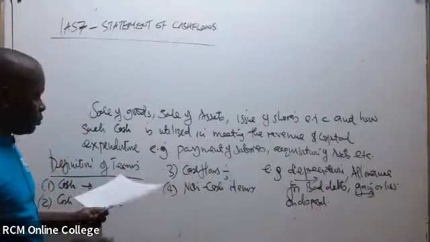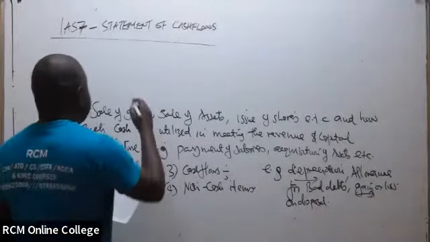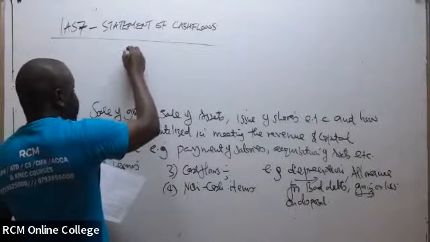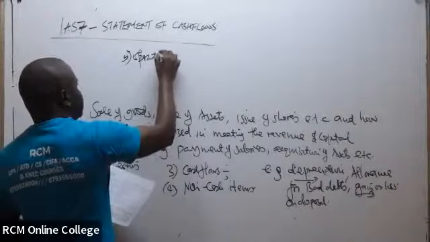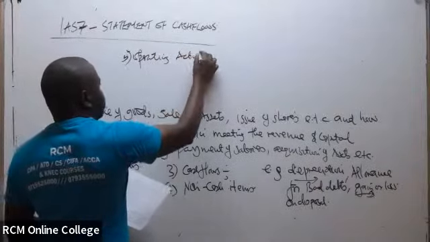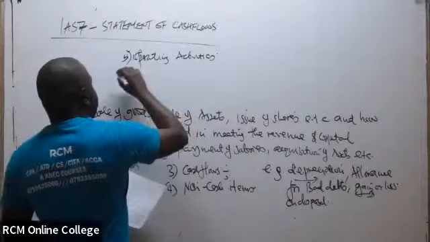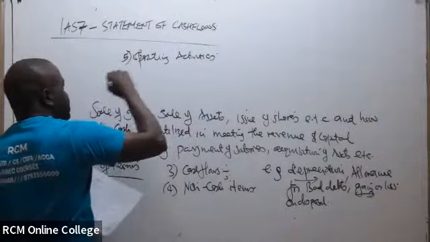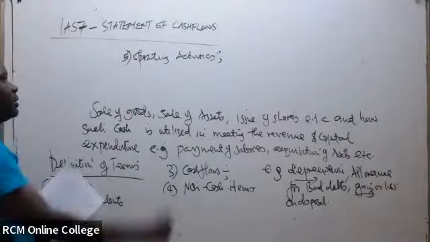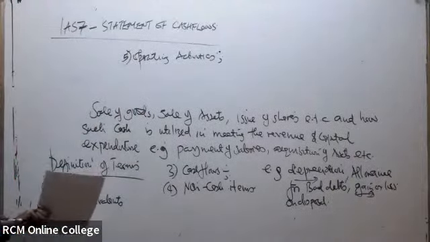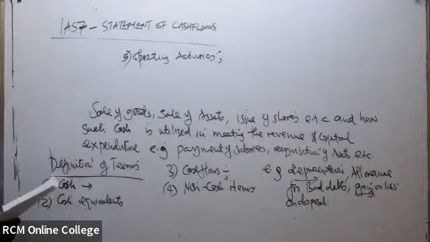Then another term we have in this case, operating activities. So what is operating activities? It is one of the components of a statement of cash flow. So we'll categorize some of the activities as what? As operating activities.